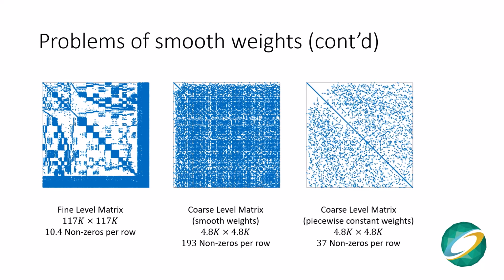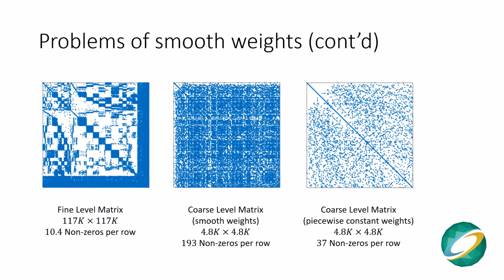And our choice of piecewise constant weights will reduce the number to 37. Notice that this is only a 2-grid V cycle as a toy case. When we pass those non-zeros into denser and denser coarser level matrices using smooth weights, it will hurt the performance of coarse level solves a lot, while our choice of piecewise constant weights will end up more than 20 times faster compared to smooth ones in a big V cycle.